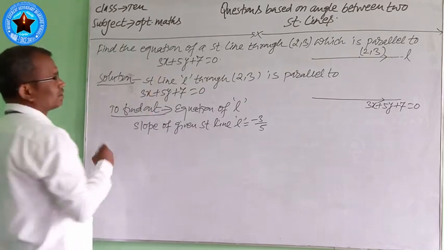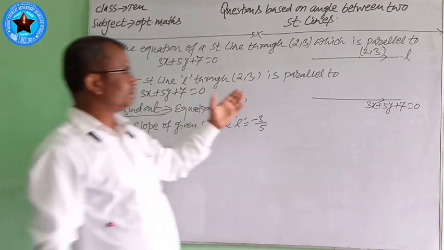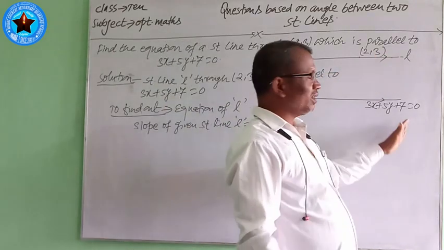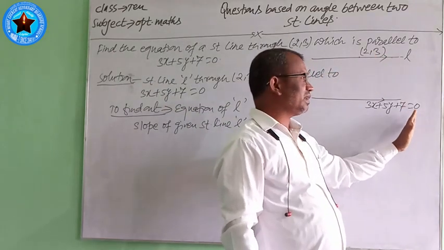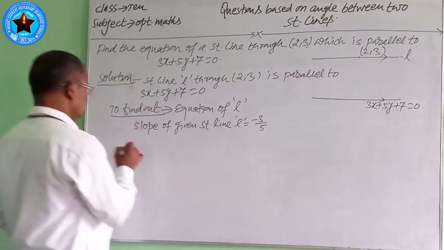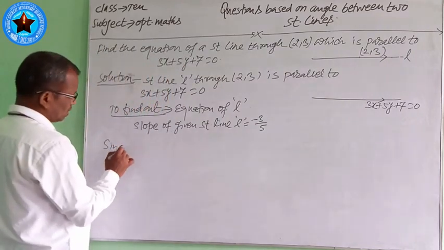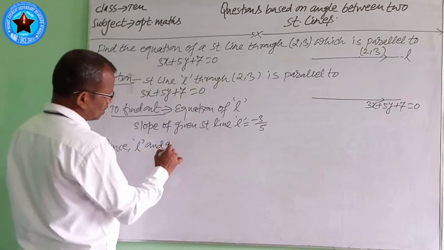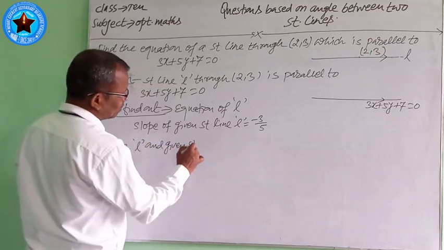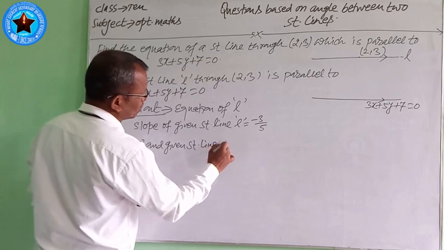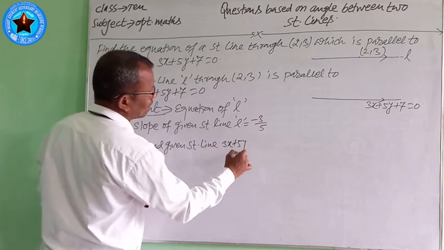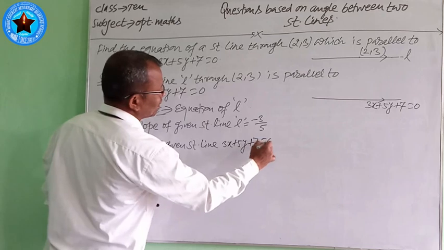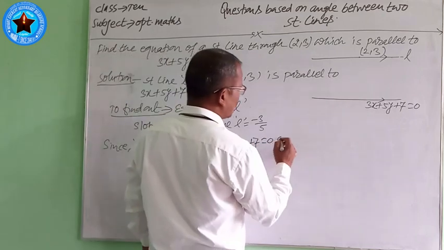In the question it is given that L is parallel to 3x plus 5y plus 7 equals 0. Since L and the given straight line 3x plus 5y plus 7 equals 0 are parallel.